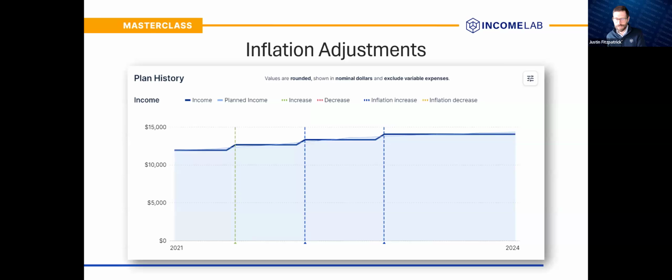An inflation adjustment is exactly what it sounds like. So this is actually a visual from that new feature that's coming out. This is the plan history for this particular account. The plan was implemented in 2021. You see they hit an upper guardrail here. And then these blue ones are just inflation adjustments. You can see in the background, if I was doing inflation adjustments every month, just keeping up with CPI, I would have this light blue line.